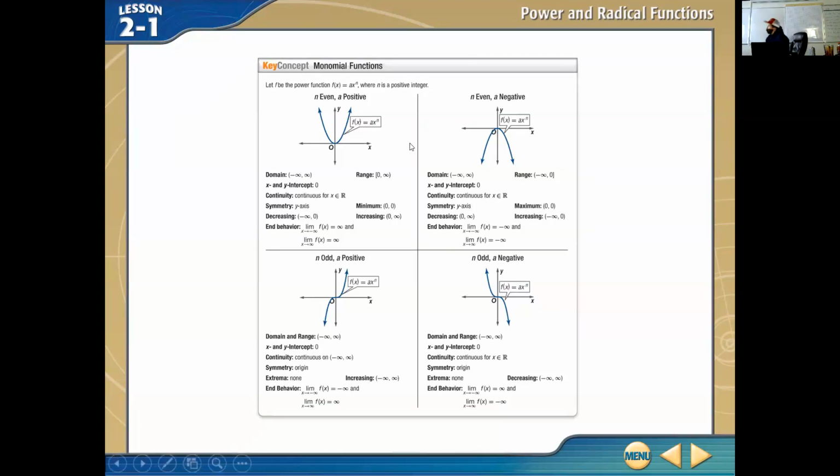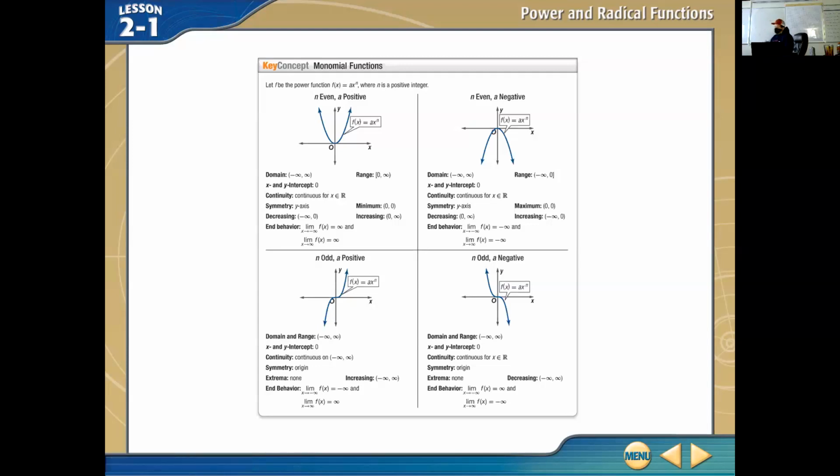And this will be true for every single power function. If n is even and a is positive, it is going to have these characteristics. The domain is from negative infinity to positive infinity. The range is from 0 to positive infinity, because it doesn't cross the x-axis. Once again, n is even, a is positive. So our parabola is facing up.